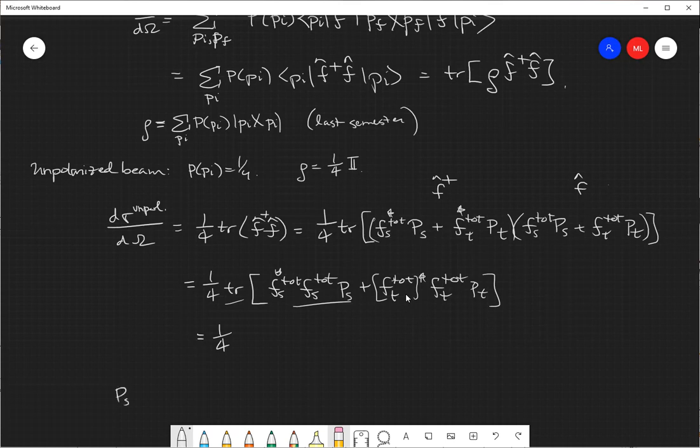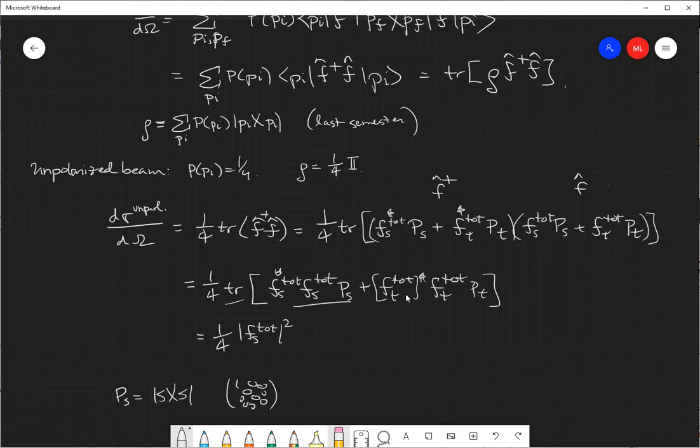So the spin singlet projector is literally just projection onto the spin singlet. And the trace is invariant under change of basis. So you could use that basis with the singlet in it. And so that'll just give you a matrix that looks like this, right? It'd be 1 and then a bunch of zeros everywhere else. So this just becomes the amplitude squared, as the trace is 1.